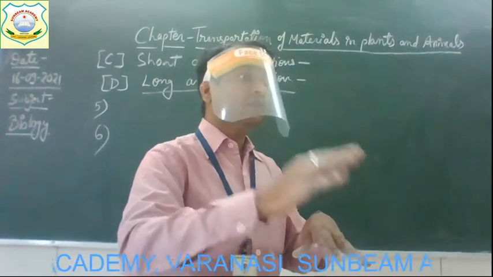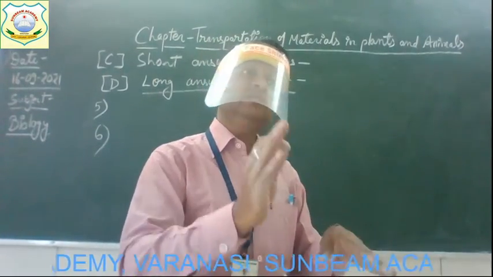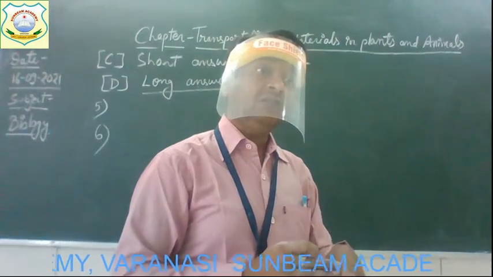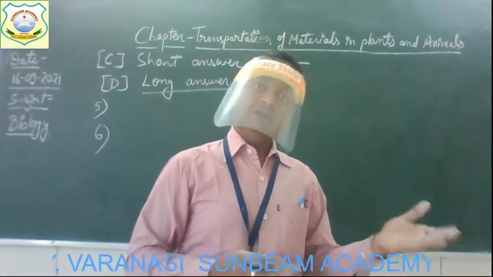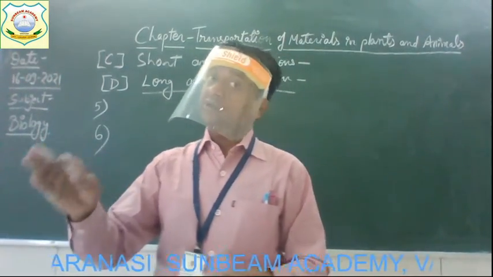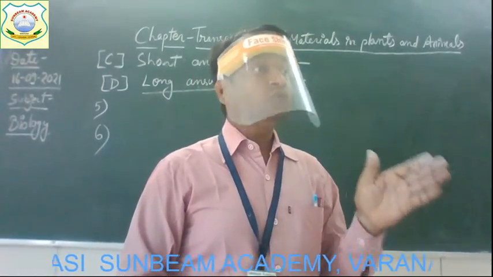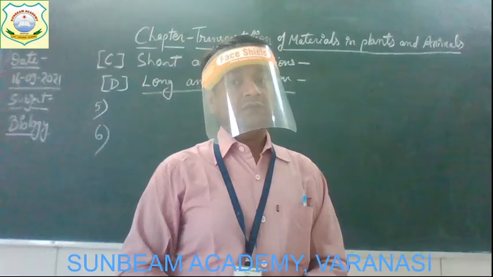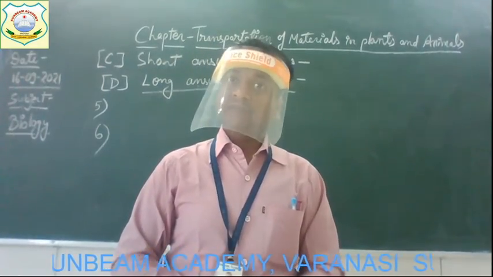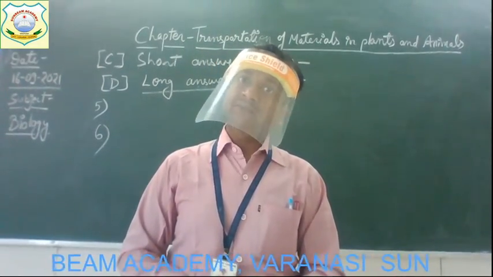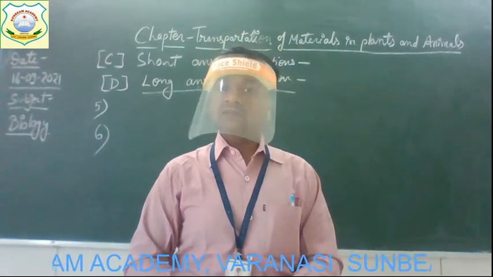Otherwise, the blood will flow down continuously. So, who is helpful for clotting of the blood on that part of the body? Platelets. So, this is the important function of platelets, that they help to clot the blood. Get it? Understand everyone? The three kinds of cells and their functions.